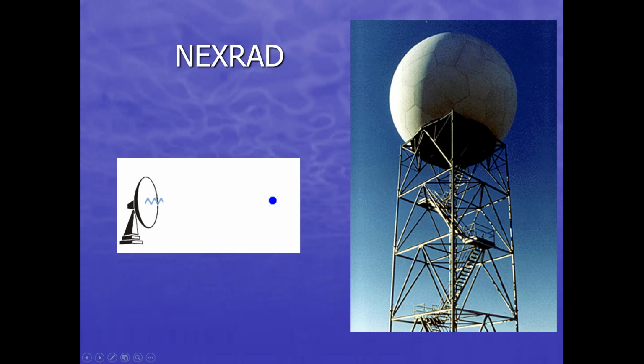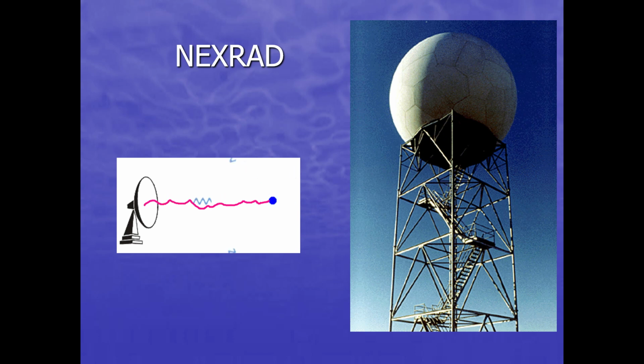So how does NEXRAD work? Essentially, a pulse of information is sent out and it hits a hydrometeor, whether that's an ice crystal or a rain droplet. Some of that radiation is returned, so it hits just the tangent of the raindrop or the snowflake and is returned. And the power returned, by the way, is much less than the power sent out because it's being scattered in all directions.